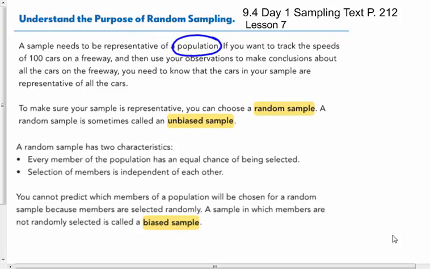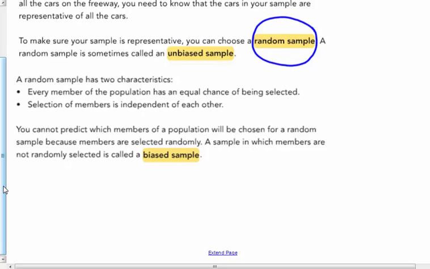To make sure your sample is representative, you can choose a random sample. That's always your best choice, is to have a random sample. Random, key word there. A random sample is sometimes called an unbiased sample. A random sample always has these two characteristics.